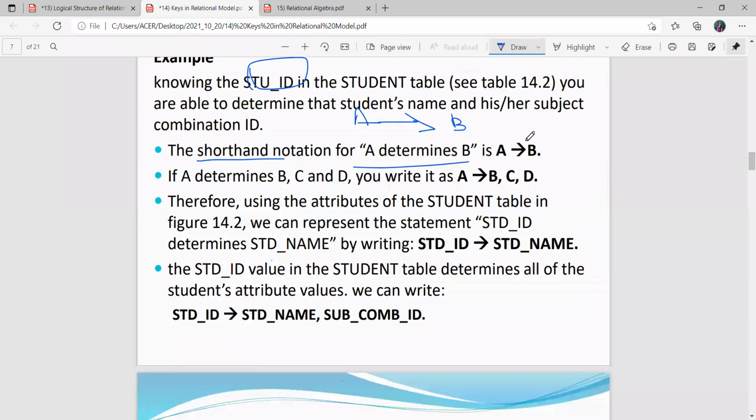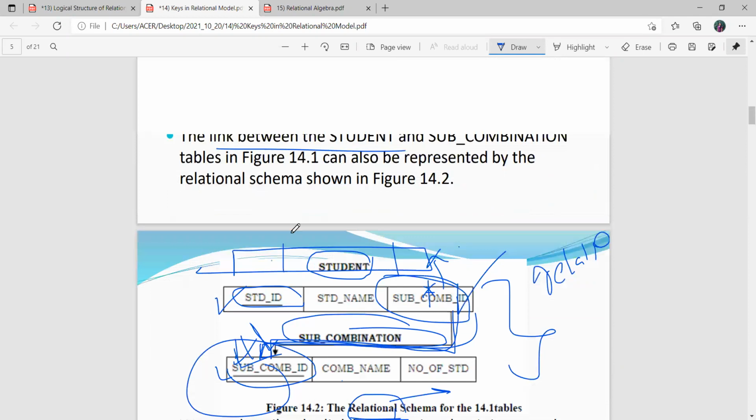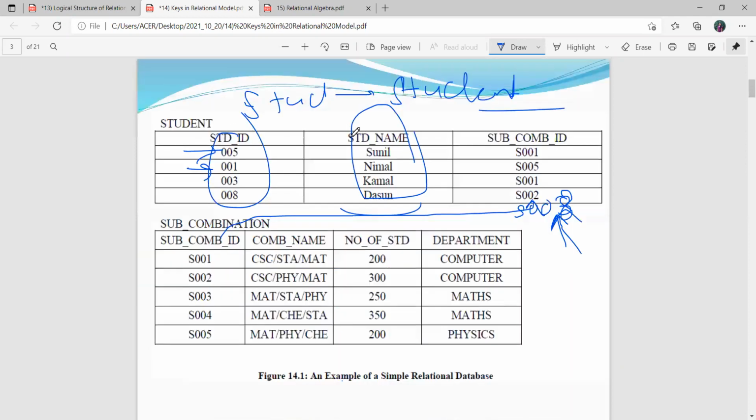So this can be one attribute or more than one attribute. In this case, student ID determines the student name. Again, you can use student ID to determine the student name as well as the student combination ID.